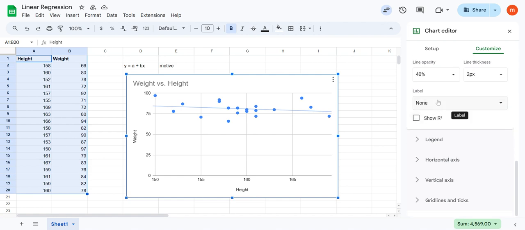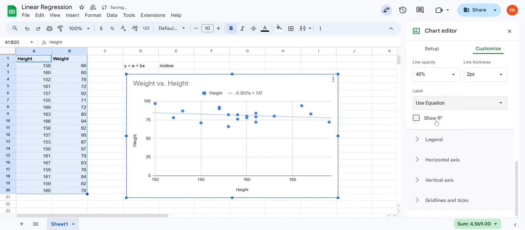Then you're going to scroll down a little bit in the customize section, and you're going to use equation here. So if you see here, you actually get the equation as well. Now that you've gotten the equation, you can predict the weight when you have the height given.